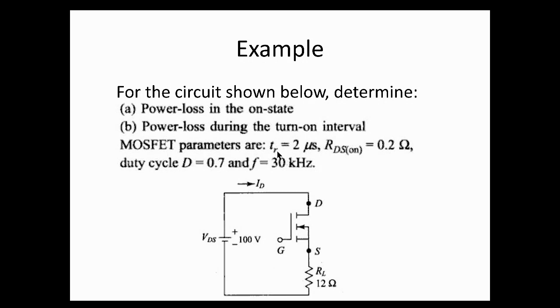You are told that the rise time is 2 microseconds, and the resistance between the drain and the source is 0.2 ohms when it comes on. And you are told that there's a duty cycle of 0.7 used at the gate, and the frequency is 30 kilohertz.